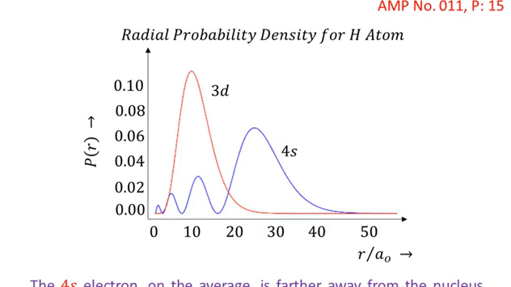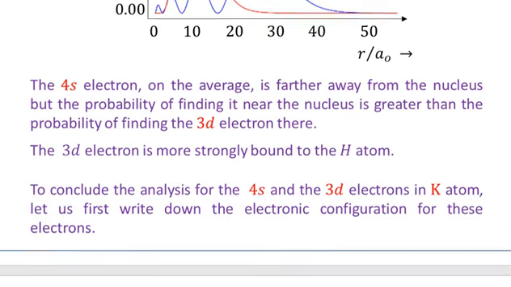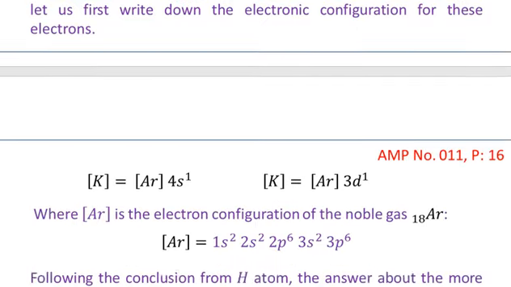We want to see whether we can infer this information for the 4s and 3d electrons in the potassium atom. Can this figure help us decide which electron has the lowest energy in the potassium atom, either the 4s electron or the 3d electron? Which one of these two has the lowest energy in the potassium atom?